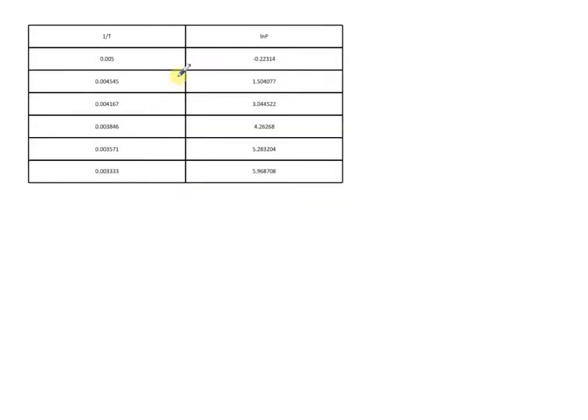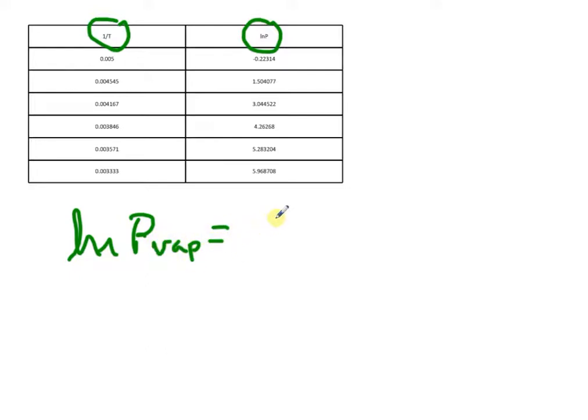They plotted the logarithm of the pressure versus 1 over temperature, and found that the equation controlling that relationship looks like this: the logarithm of the vapor pressure is some constant times 1 over T, which would be our x, plus some other constant.